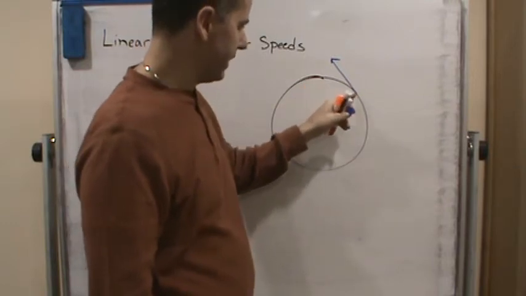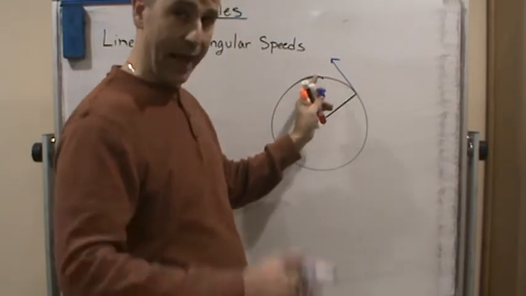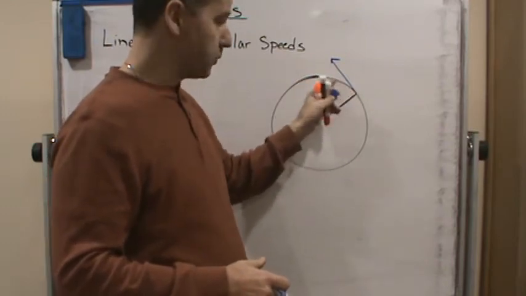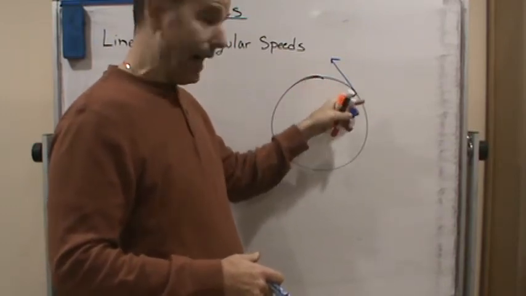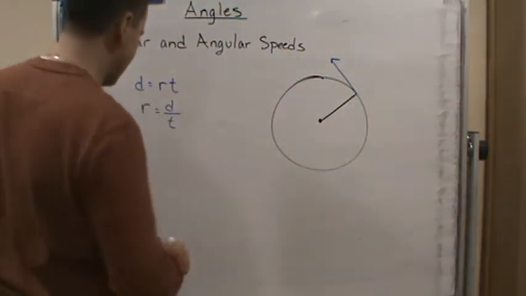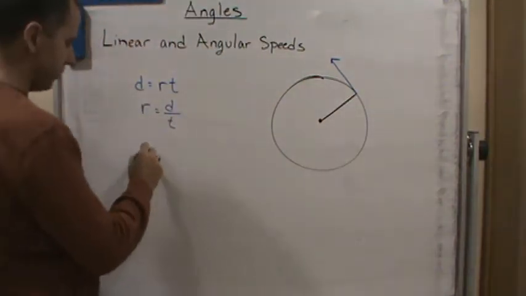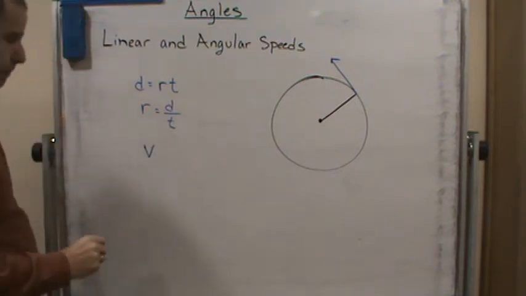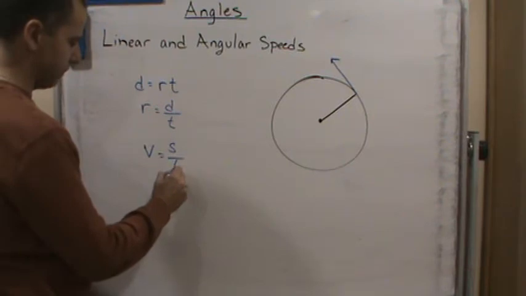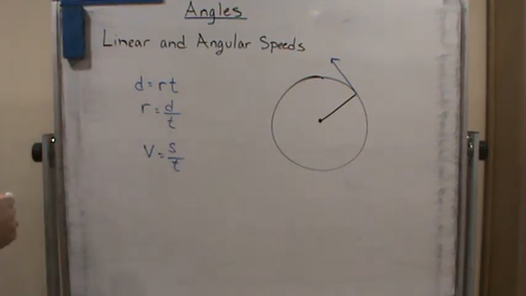So the distance is the arc length. That's the linear part. It's the displacement, or the arc length is what I like to call it. So in this case, we would say the velocity or the linear speed, v, is equal to the arc length over time. That's how we represent linear speed.